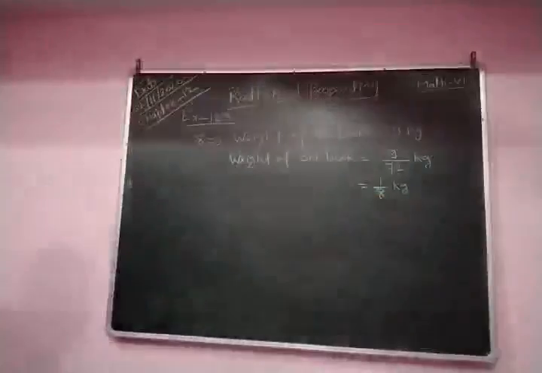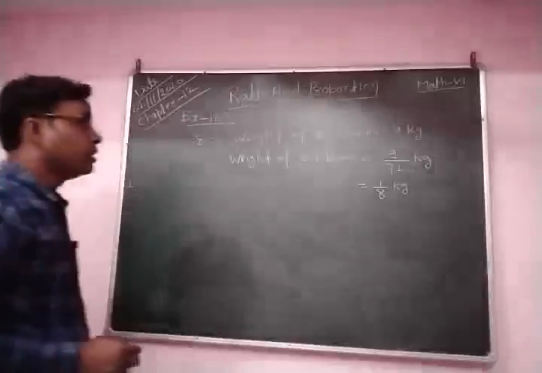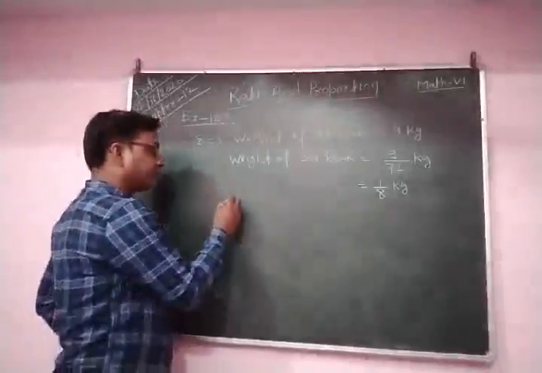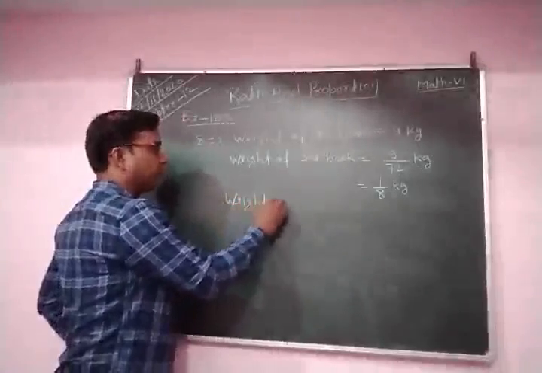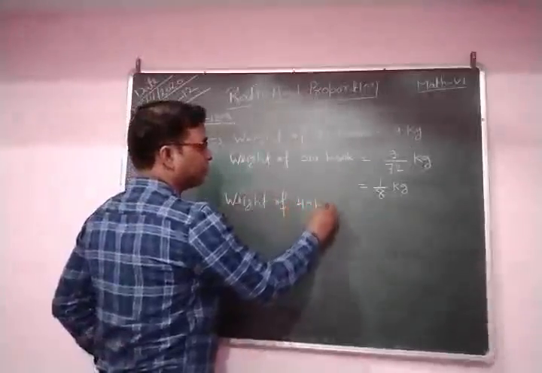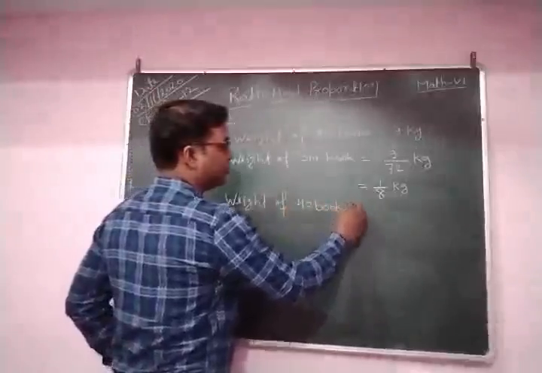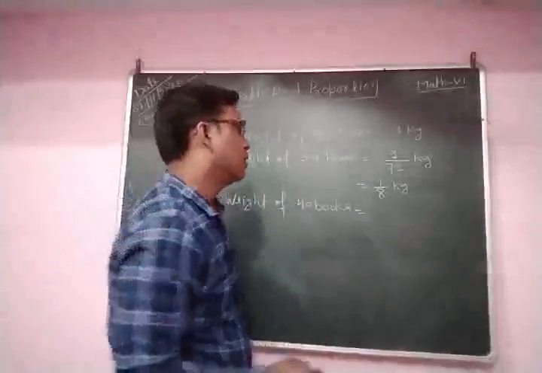Now in this question we need to find the weight of such 40 books. So we write here the weight of 40 books is equal to the weight of one book, which is given as 1 by 8.